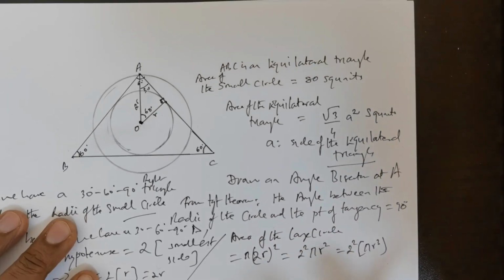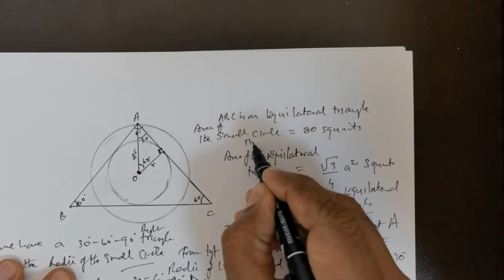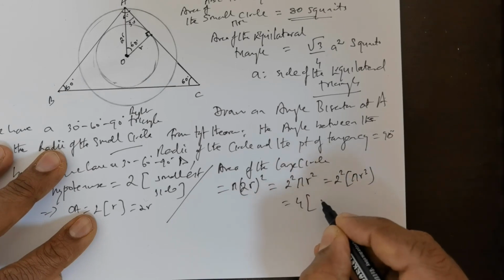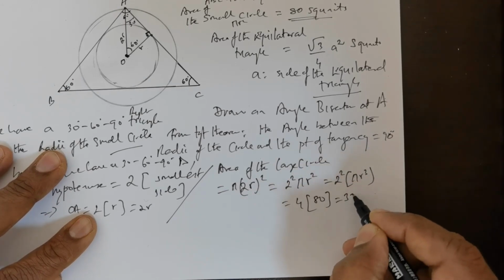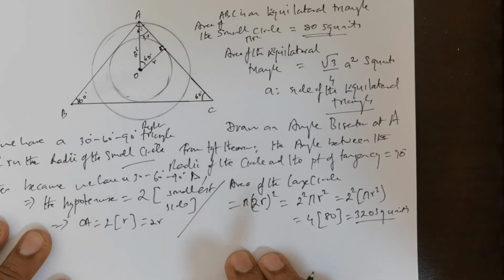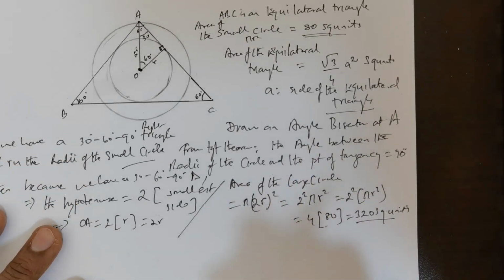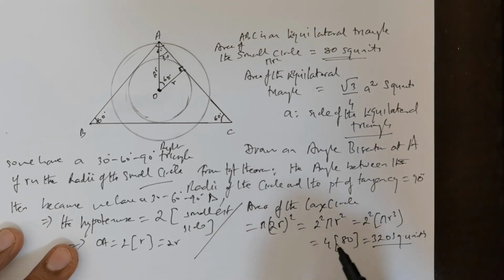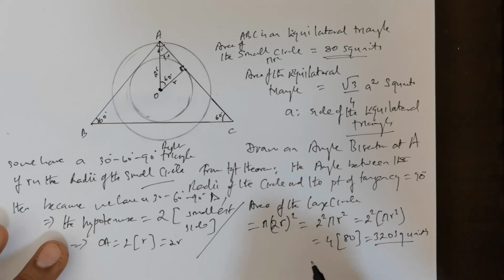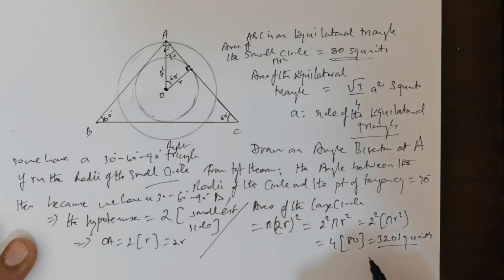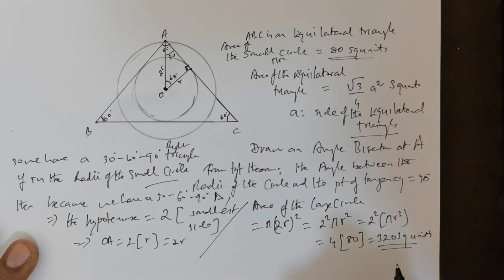But pi r squared is the area of the small circle, which is 80. So this is going to be 4 times 80, which is equal to 320 square units. Now this is not required, but it will come in handy if the question is a little bit different. This question can be asked in so many different ways. So having got that is actually a good habit.